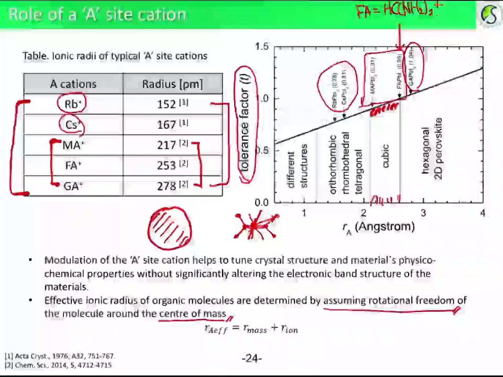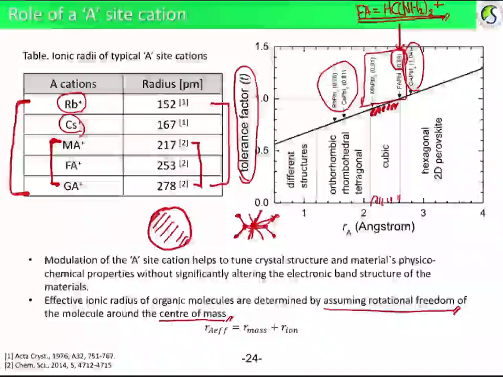And for this formamidinium cation, if we calculate the tolerance factor, it is almost close to 1. It is 0.99. So ideally, it should be able to form the ideal cubic perovskite structure at room temperature.